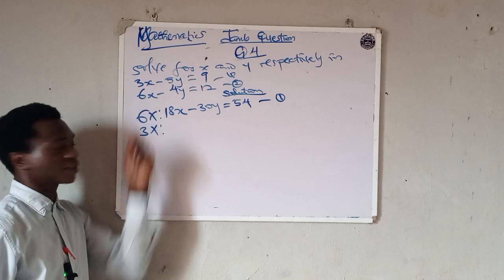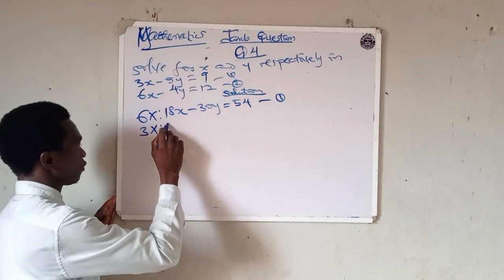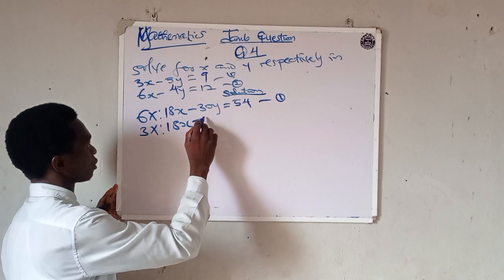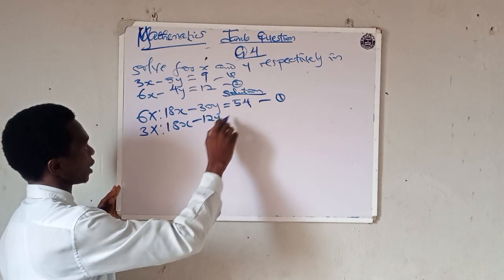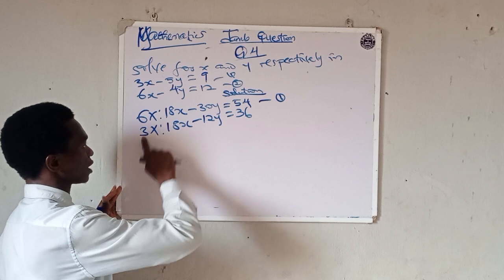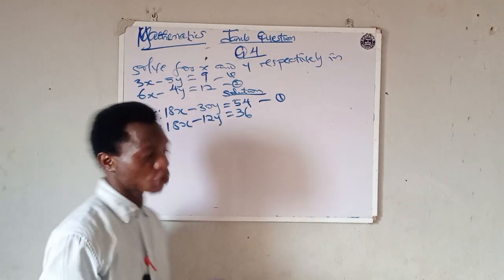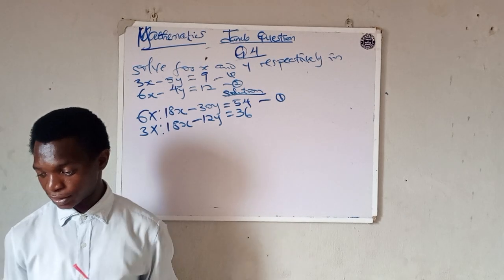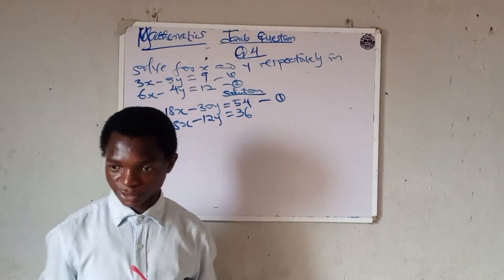Then 3 times 6 still gives you 18x. 3 times 4, minus 12y, is equal to 36. If you multiply 3 by 12, of course you have 36 as your answer.